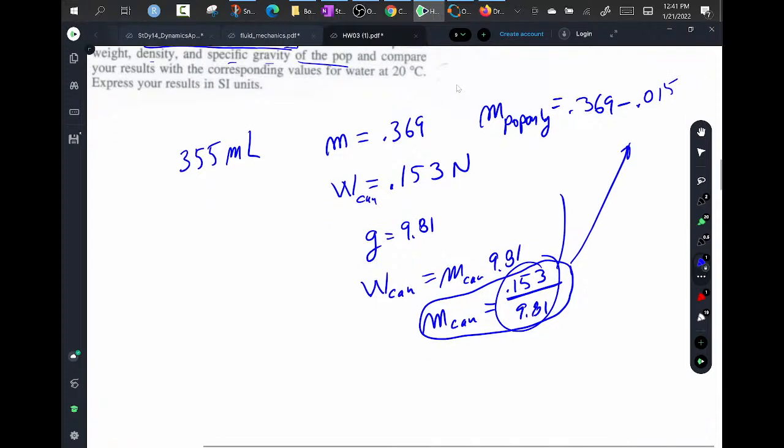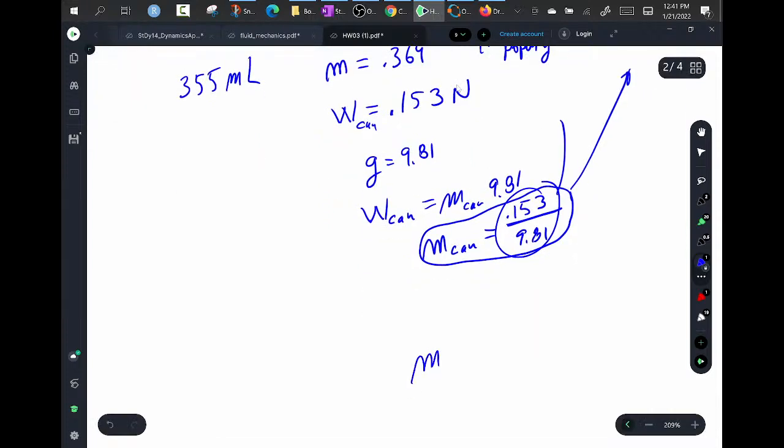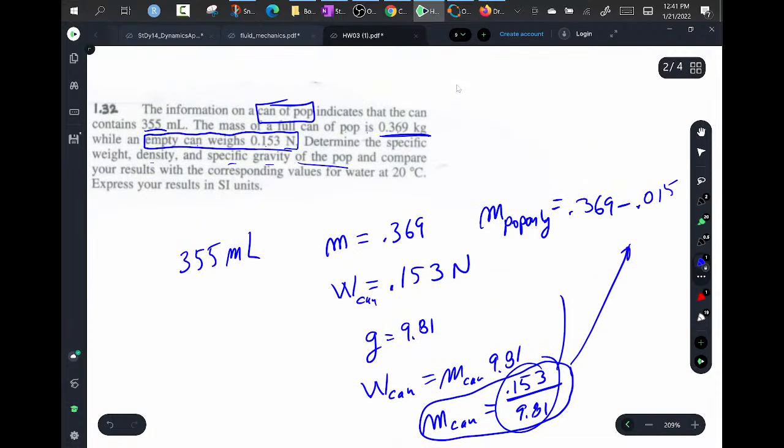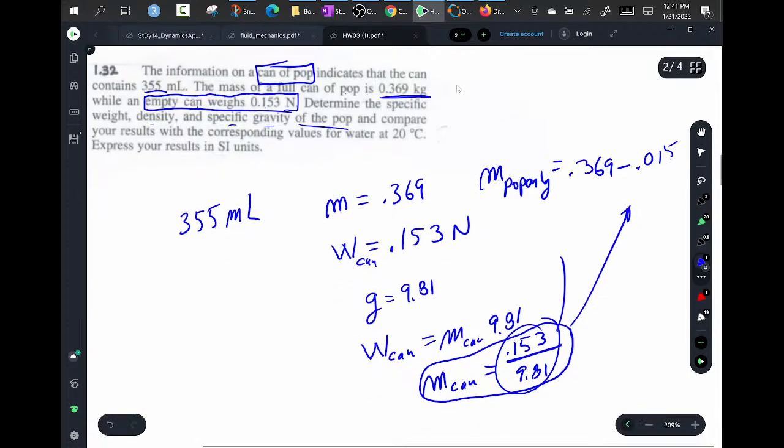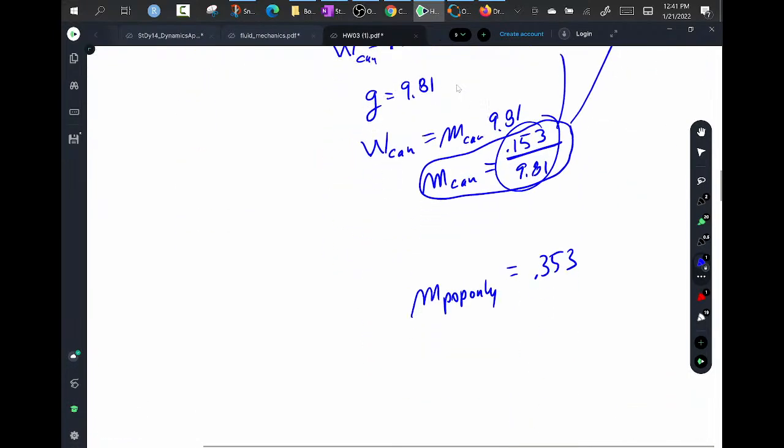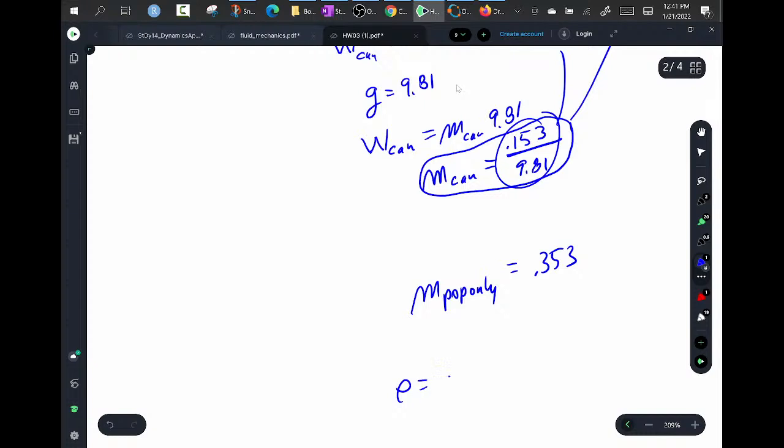And so the mass of the pop only is equal to 0.353. And let's see, where's the volume? It indicates it contains 0.355 mass per unit volume, 0.353.